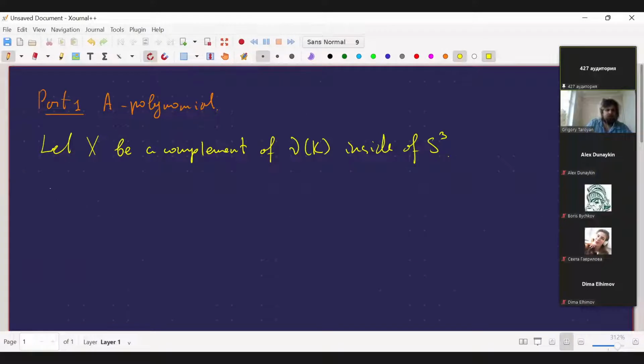Then we can consider the variety R_{P1 X}. Is it true that, Grisha, is it true that nu of K is a tubular neighborhood of K? Yes, tubular.